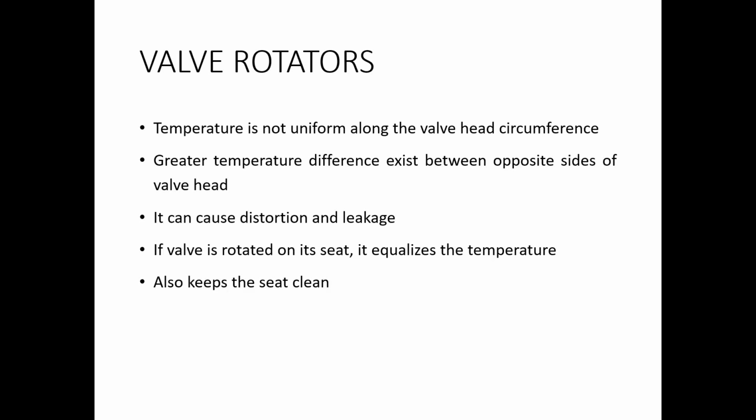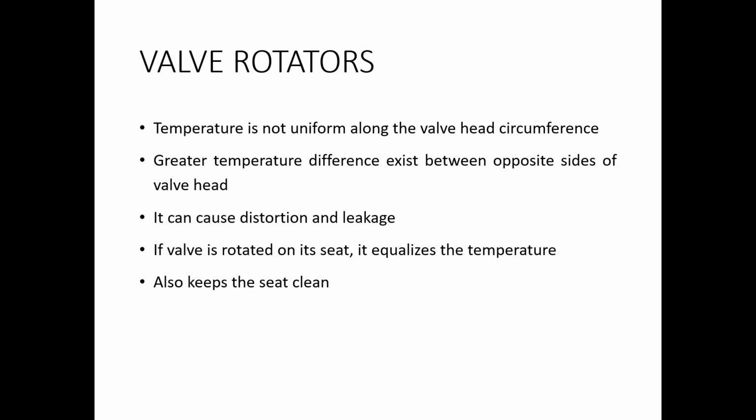Valve rotators automatically rotate the valve after every exhaust stroke. So after one cycle is over, exhaust is over, the valve is rotated by a particular angle before the next cycle occurs.